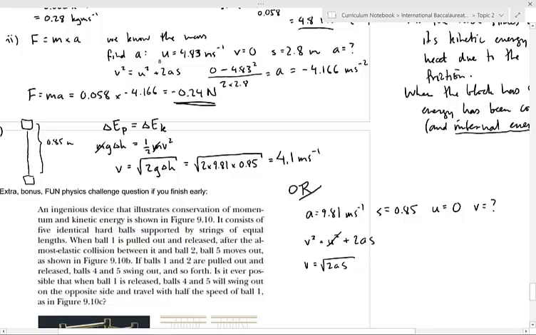And you'll see that this is actually the same thing that we had here. So that's equal to the square root of 2 times 9.81 times the change in height, which is 0.85. And we already know that that's 4.1 meters per second. Okay, either method would have given you full marks for that question.